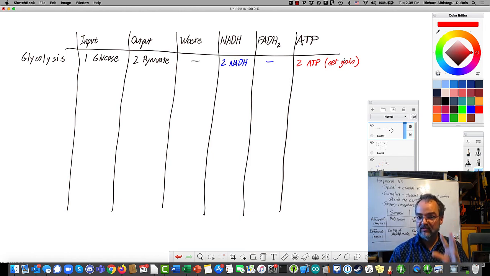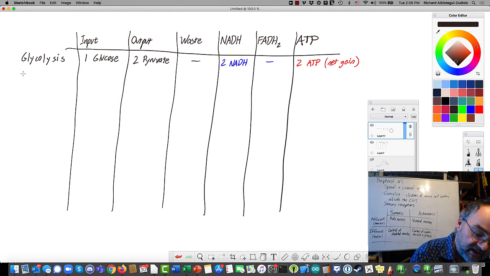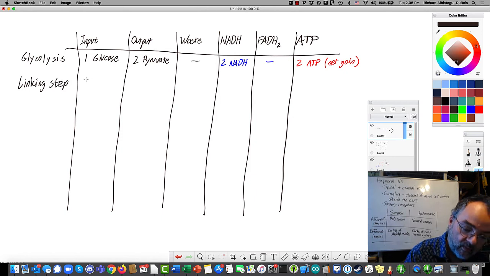Right now, let's do the aerobic pathway, not the lactic acid fermentation. Let's assume we have mitochondria and we're going to go into that linking step. So the next stage was the linking step. What went into that was the 2 pyruvate.